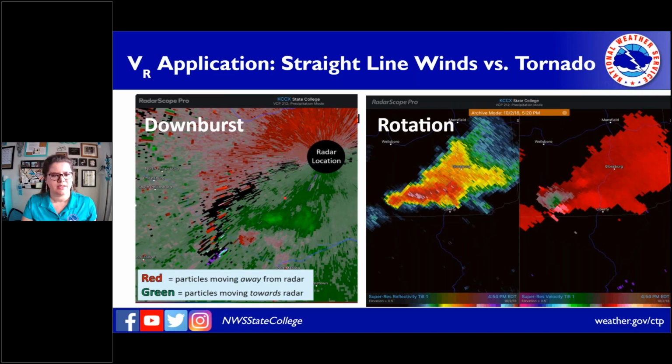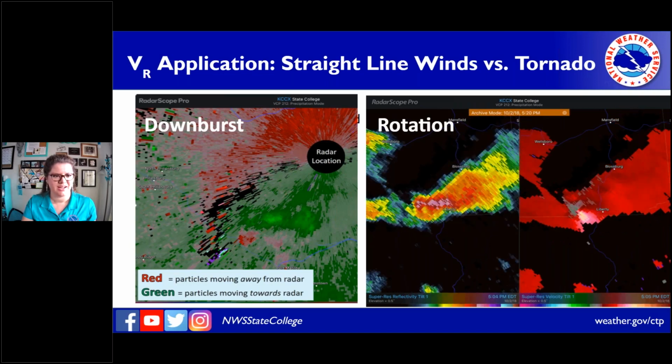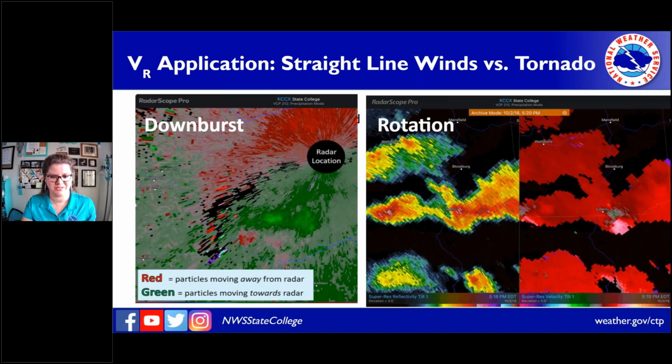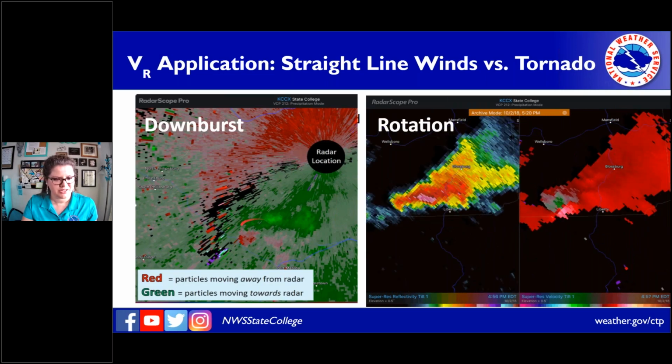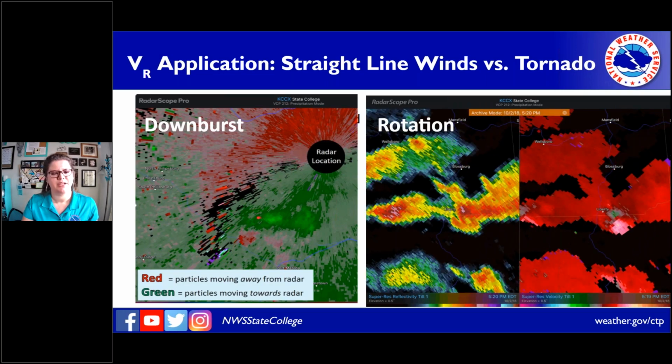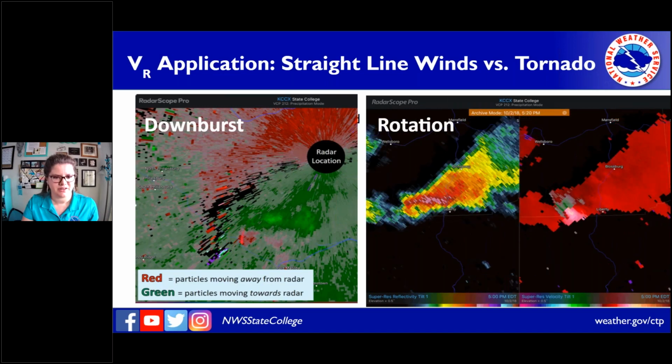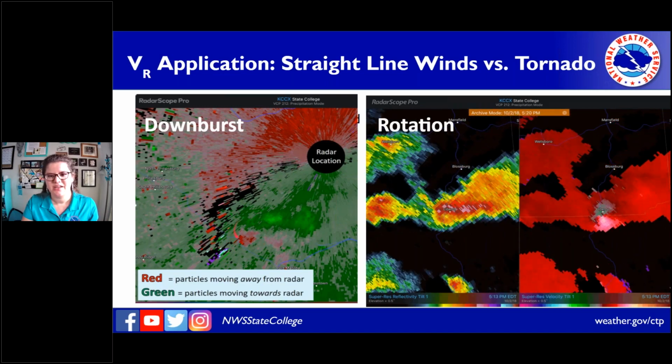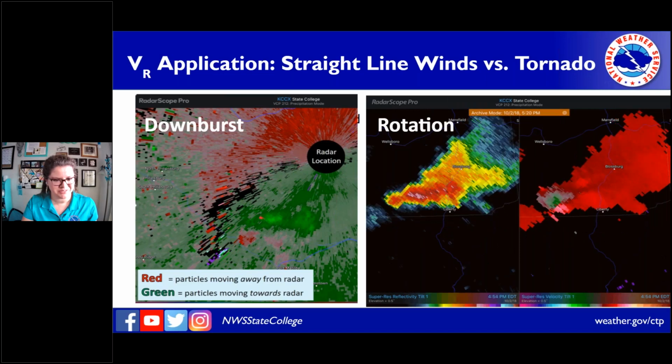So the next image here on the left is actually a downburst image. So we have red touching green. It's a little bit hard to see because it's not as great resolution, but similar kind of scenario here where we have red touching green. Oh my goodness, red touching green means rotation, right?